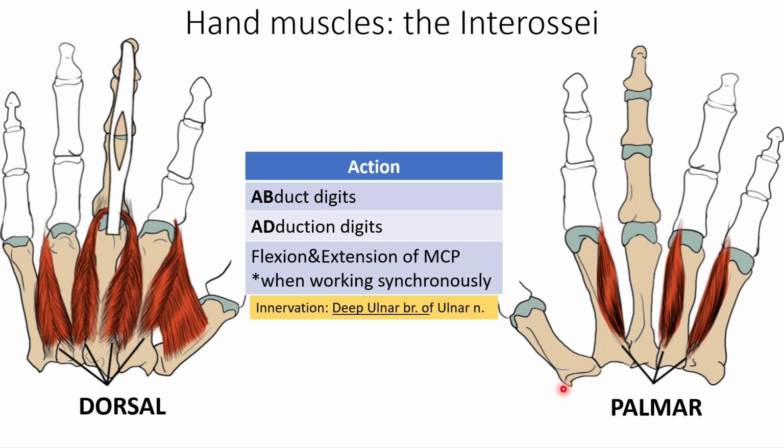Synchronously, that is, working together, the palmar and dorsal interossei muscles assist in flexion of the metacarpophalangeal joints and extension of the interphalangeal joints. All interossei muscles receive innervation from the deep ulnar branch of the ulnar nerve.